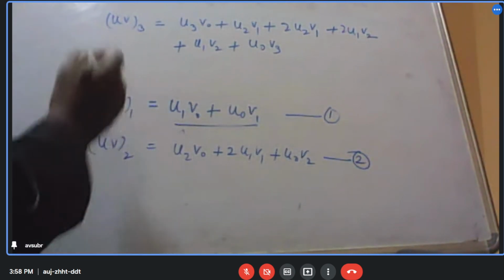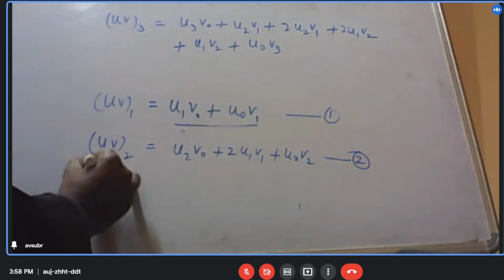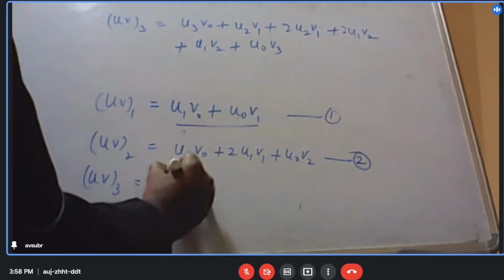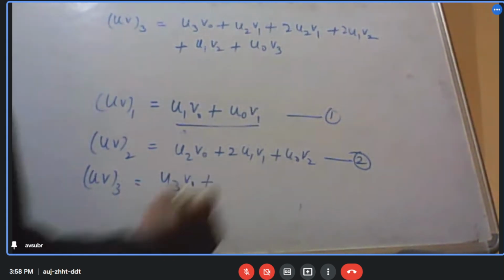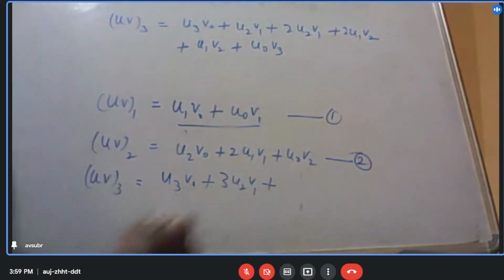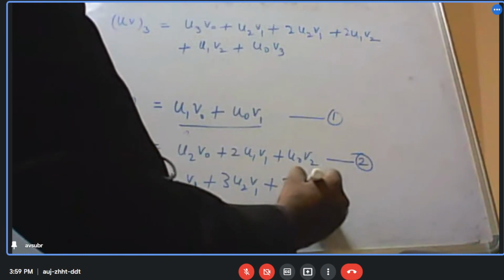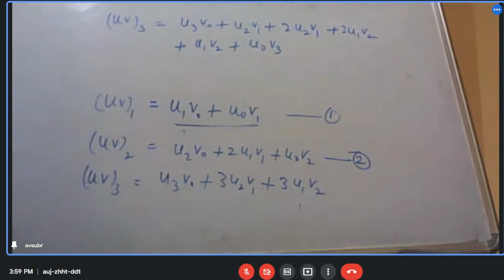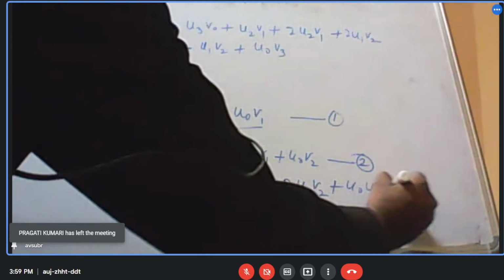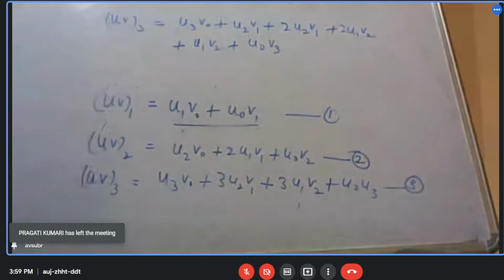If I simplify it, the third derivative will be u3 v0 plus thrice of u2 v1 plus thrice of u1 v2 plus u0 v3. This is equation number 3.